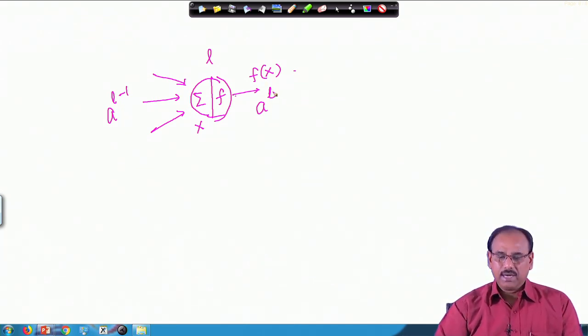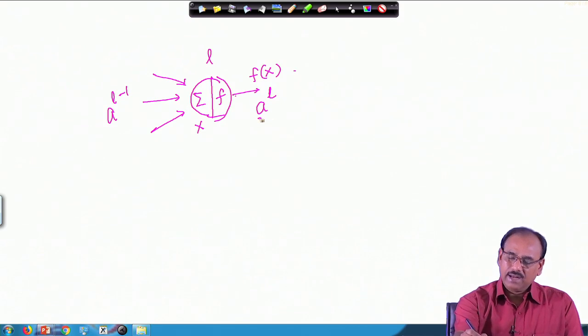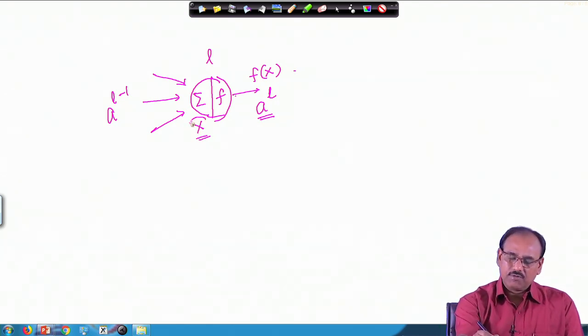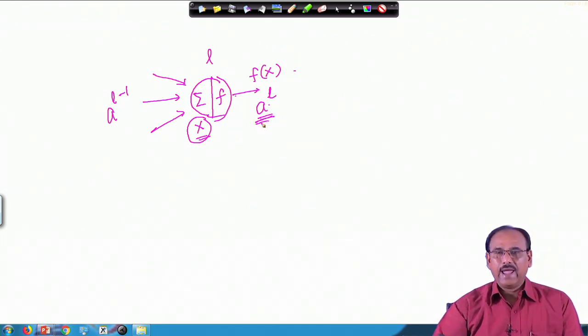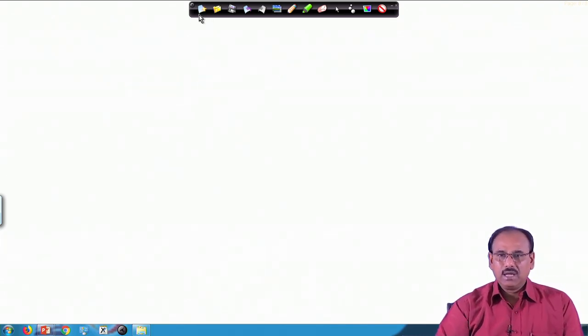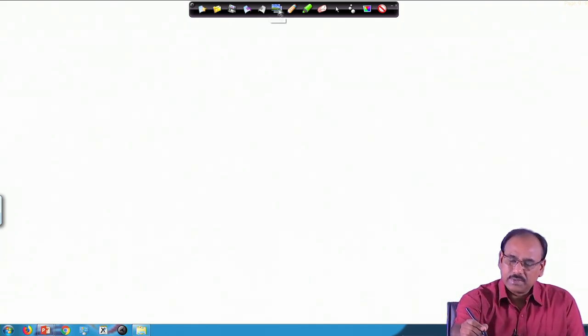Now, when you go for normalization, you can normalize either A of L or you can normalize X. What is more popular is normalization of X rather than normalization of A of L, the activations of the Lth layer. So in our case, we are assuming that this normalization is with respect to X.